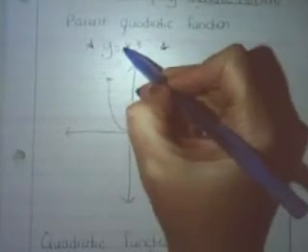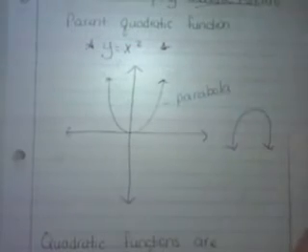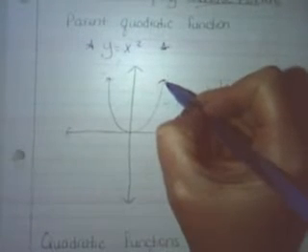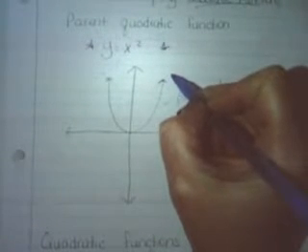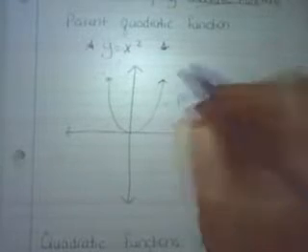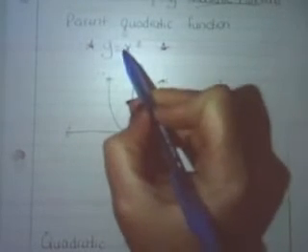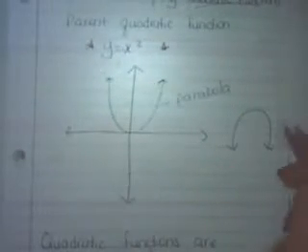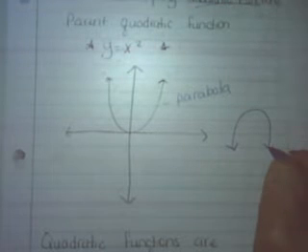If the number in front of your x squared is positive, it's going to open upwards. If the number in front of your x squared is negative, it's going to open downwards.